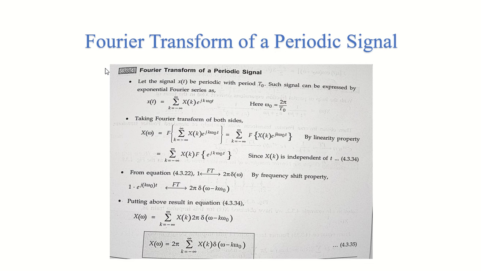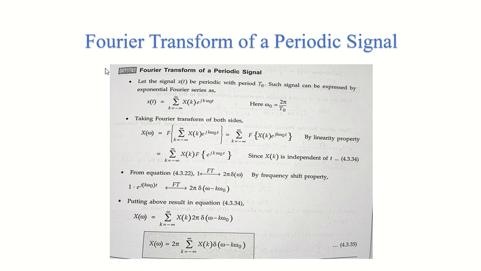Giving a small glimpse of a periodic signal, a periodic signal is a signal that repeats itself after a certain time period. We call the time period T. So it will form a cycle after completing a certain time period, it will repeat itself, and we call that signal a periodic signal.